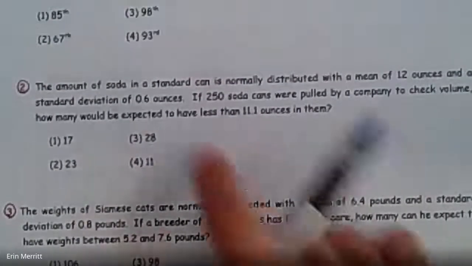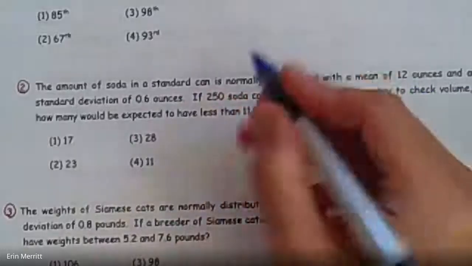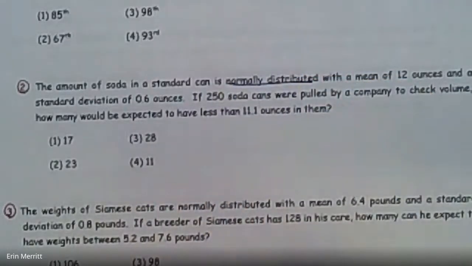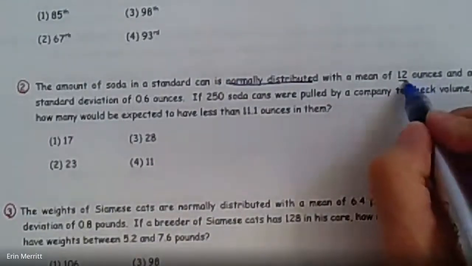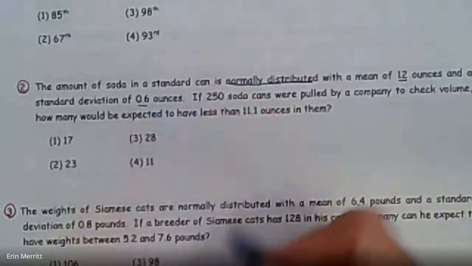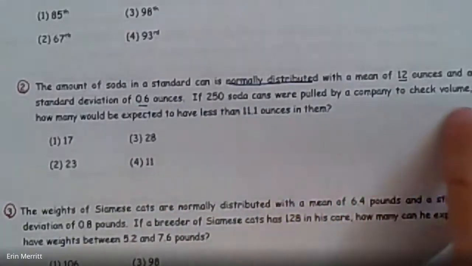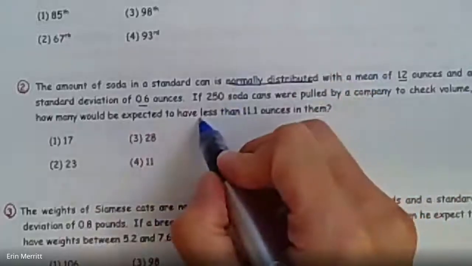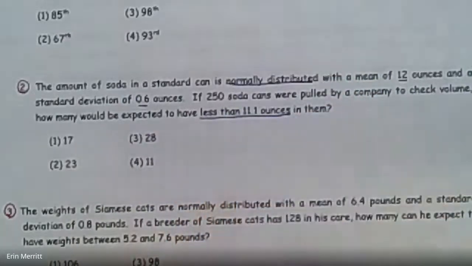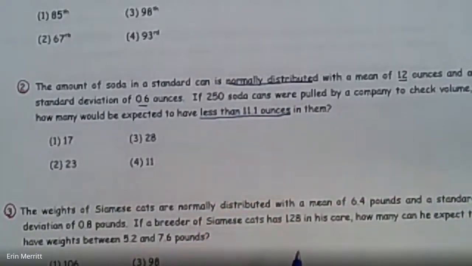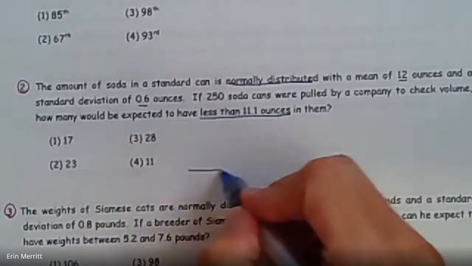It says the amount of soda in a standard can is normally distributed, those are the keywords you have to hear, with a mean of 12 ounces and a standard deviation of 0.6. If 250 soda cans were pulled to check the volume, how many would you expect to have less than 11.1 ounces? Let's pretend the question said, what's the probability it has less than 11.1 ounces? That's what the notes looked like.